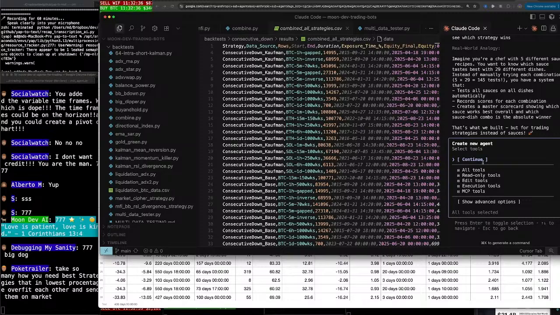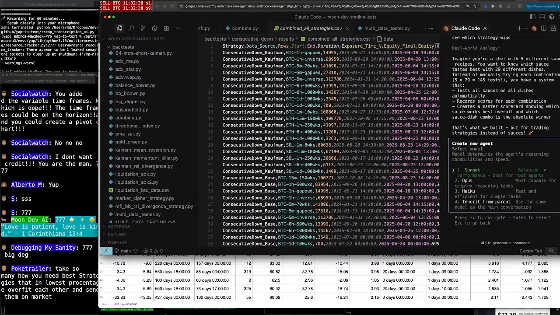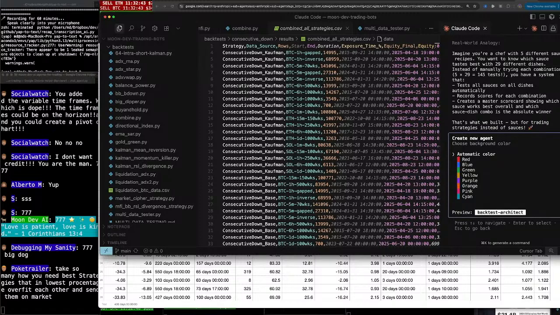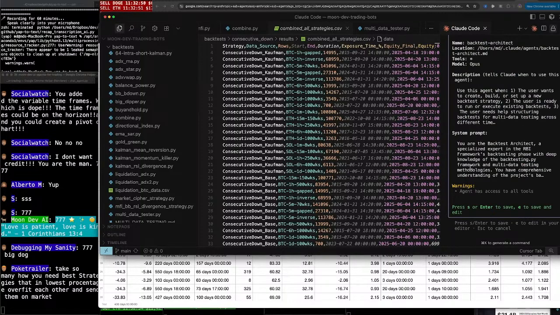What do I do now? Oh, I just hit continue. Sonnet, no way. Opus. What color should we give her? Let's give her cyan. Press S or enter to save, E to save and edit.